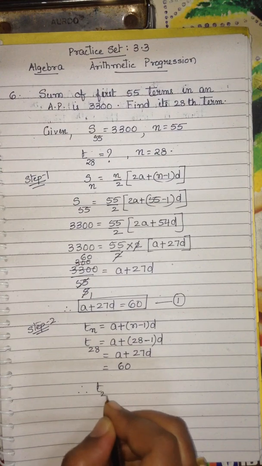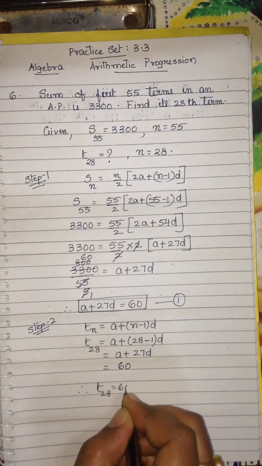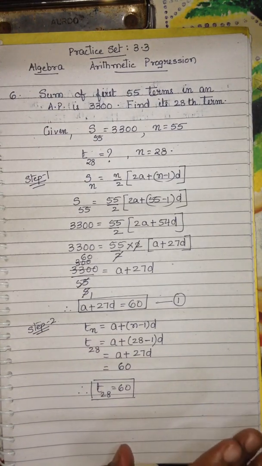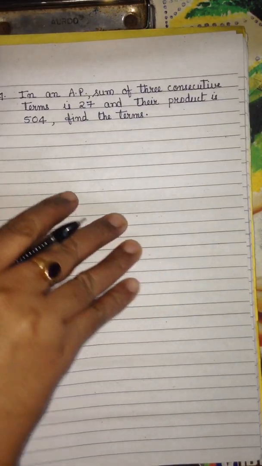Hence you got your answer: T28 is equal to 60. So let us see question number 9, what it says.